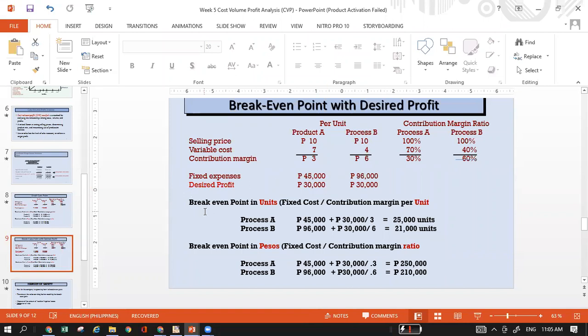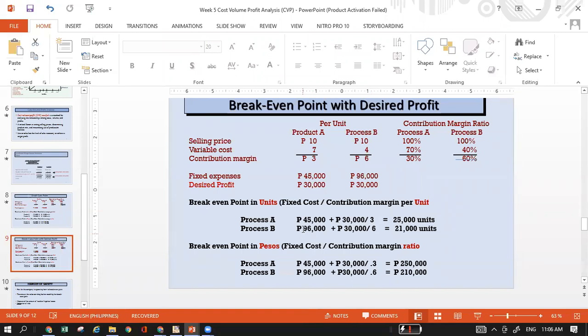So the formula is your fixed cost plus your desired profit over your contribution margin per unit. You add sa fixed cost your desired profit, the 30,000.